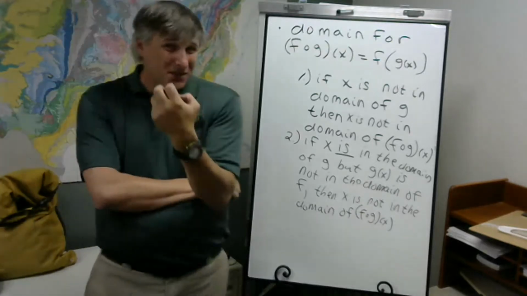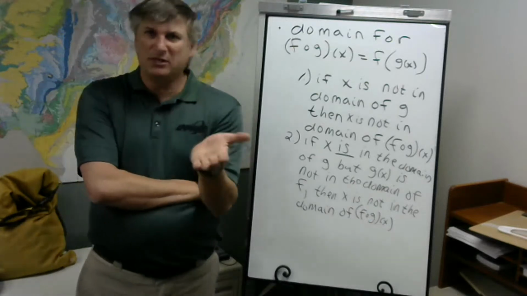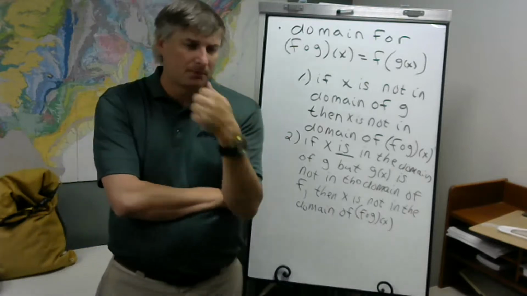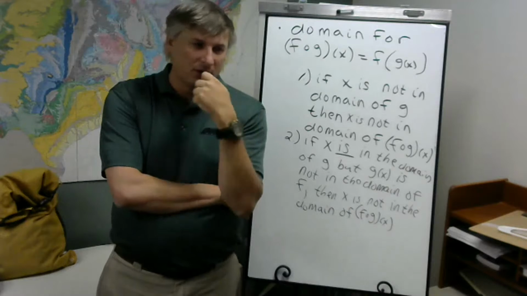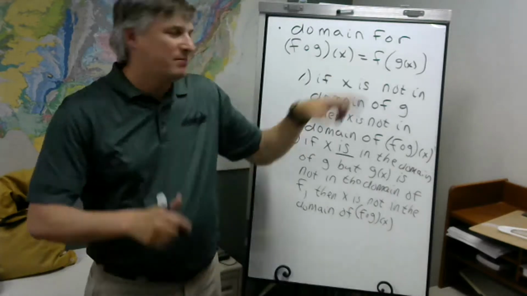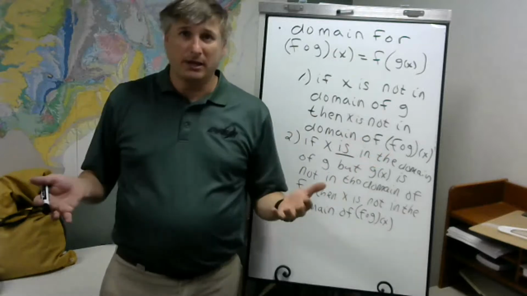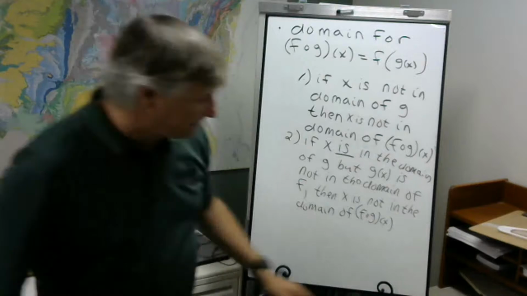So if x is in the domain of g, that means it's perfectly fine. G of x is totally happy working with x. But if that g of x value, when you put it into f, makes f blow up, then x is not in the domain. So let me do an example of that.